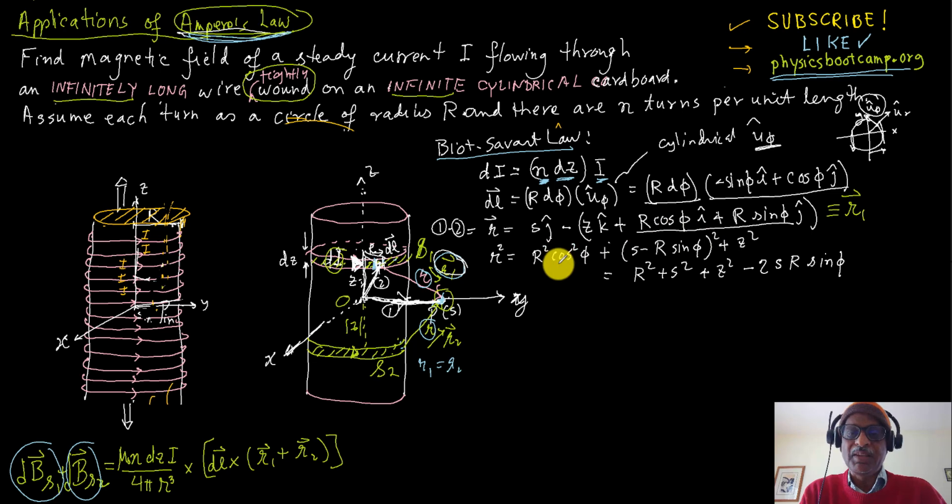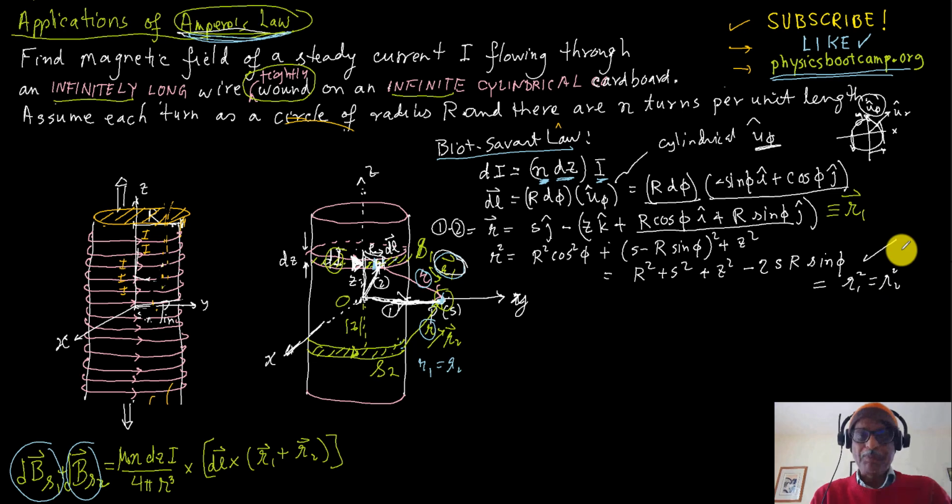And when you expand this, you should get r square sine square phi, you're going to get r square, and s square, you're going to get s square, and then there will be cross multiplication between these two, sr sine phi. So you're going to get r square will be that, and so this will be the same as r1 square, r2 square.